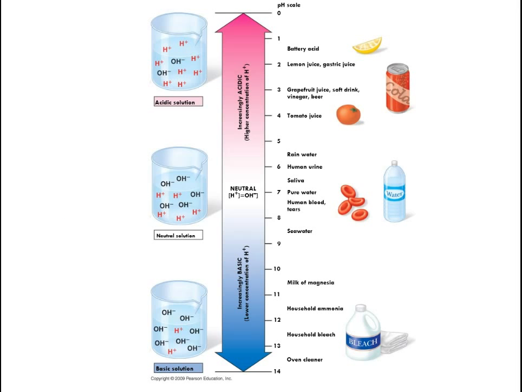If we look at the pH scale, it goes from basically 1 to 14, and 7 is neutral. 7 means equal amounts of OHs and hydrogen ions. So things that are going to be 7 are things like water, human blood, tears, saliva, things like that.